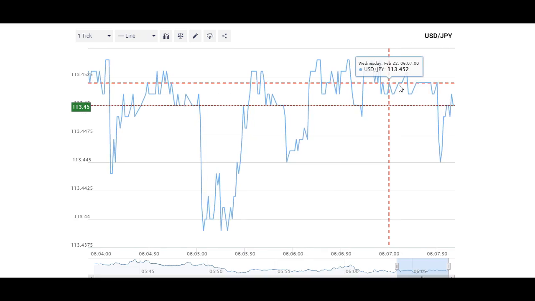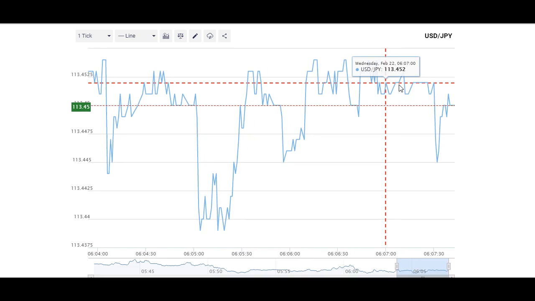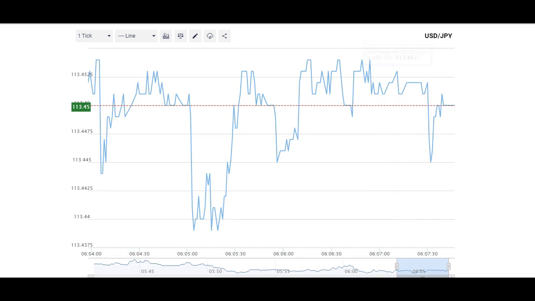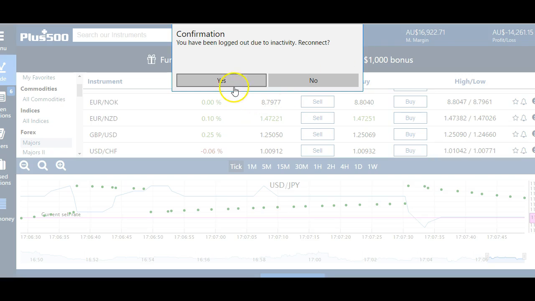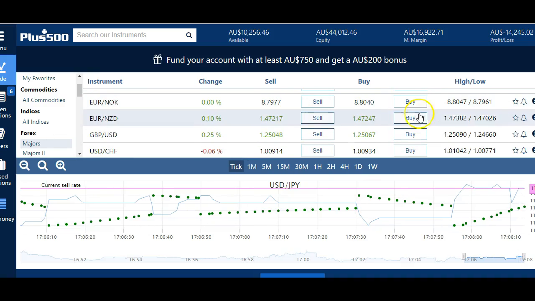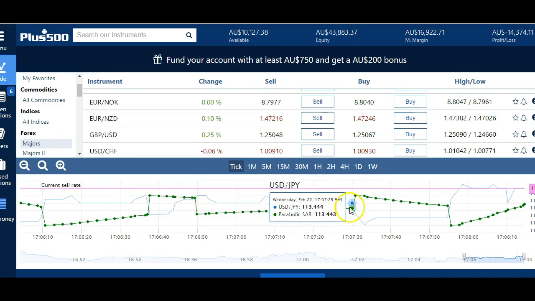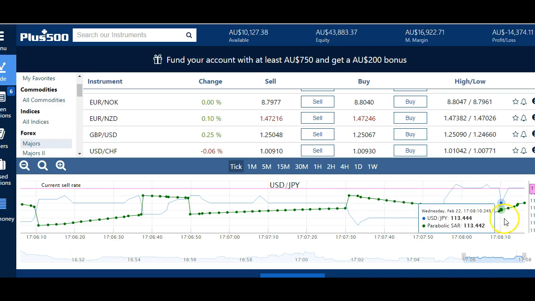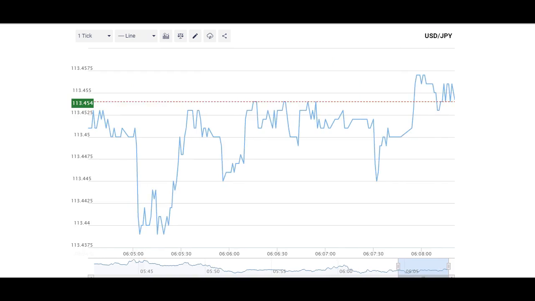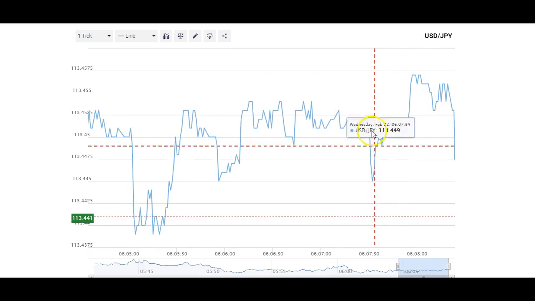Now bear in mind, as I said, these two signals are pretty good on binary, but I'm using them also on Forex in conjunction with, say, Plus500. Here we go. Now USD JPY, notice the tick chart is not as finely defined as this particular one.